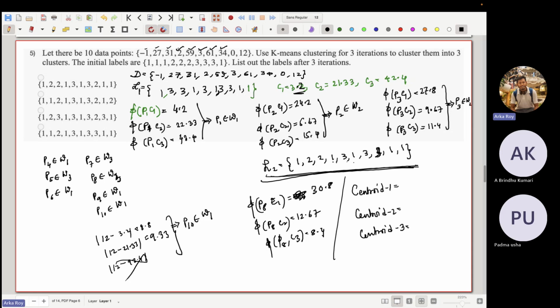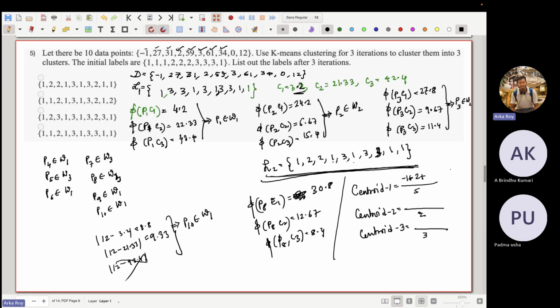So one has 1, 2, 3, 4, 5 data points, so divided by 5. For the second, it has 1, 2, so there are only two data points in this, so divided by 2, and for the last case it has 1, 2, 3, so it has 3 data. So 5, 2, 3. Okay. So for centroid one we have -1. Then the fourth data is 2.